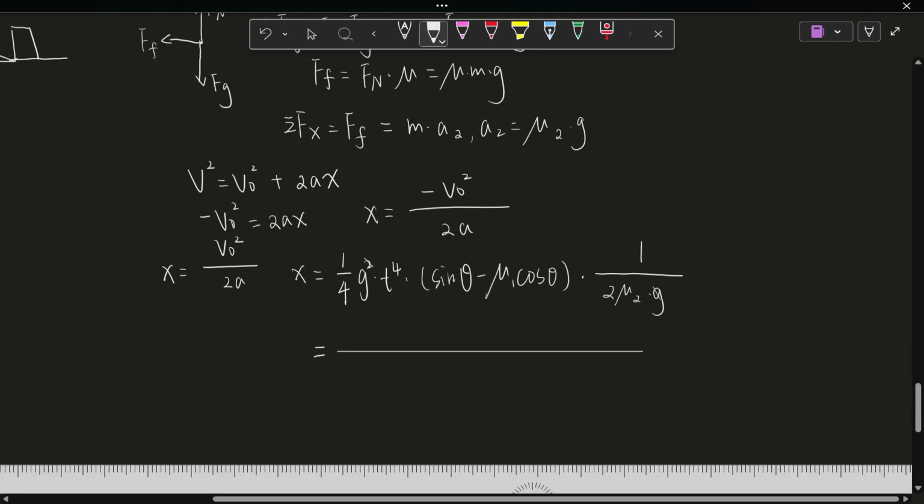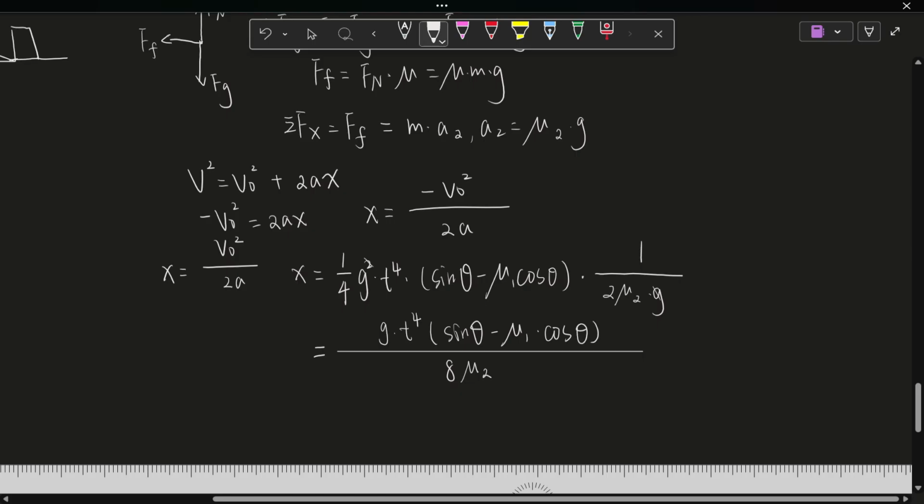We'll get something like 8 mu2 on the denominator, and on the numerator we'll get g times t to the fourth times sine theta minus mu1 times cosine theta.